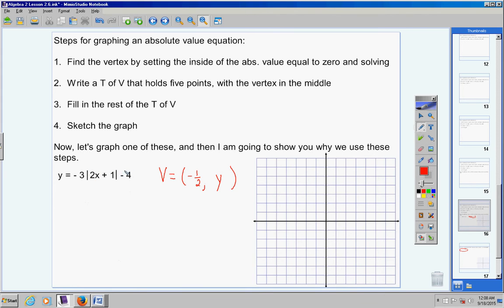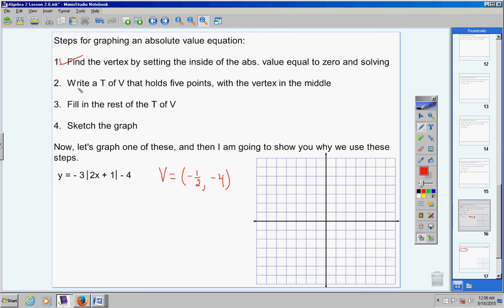Look at the number that's being added or subtracted to the absolute value right here. Negative 4, not this. This is being multiplied times the absolute value. This is being added or subtracted. So negative 4 is going to go right in here. And we have our absolute value. So step 1 is done.